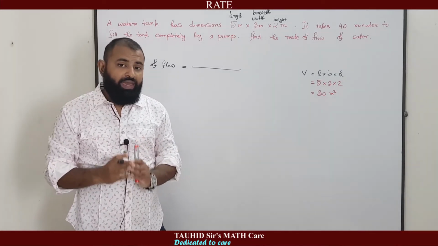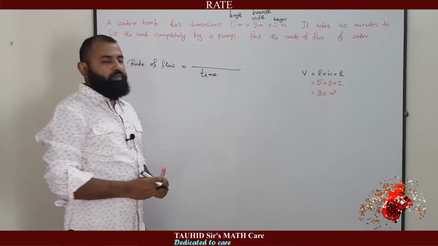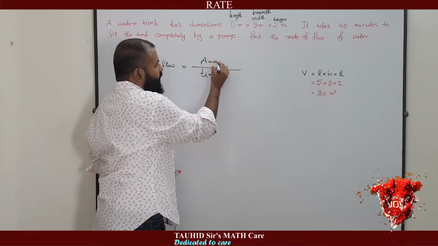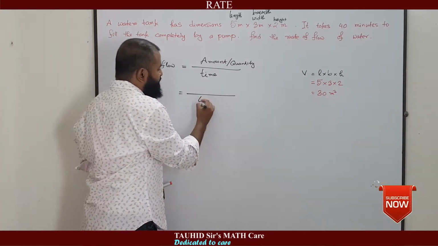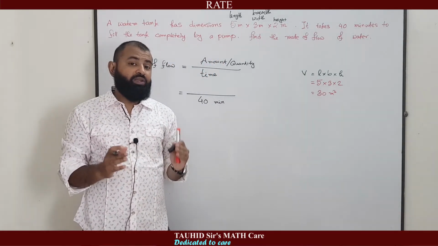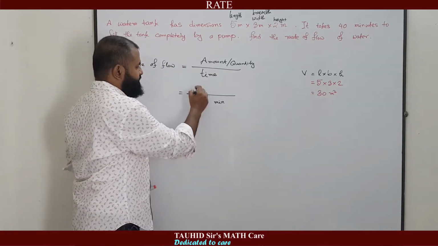In case of any rate, in the denominator we will place the time and in the numerator we will place the amount or quantity. How much time did we take? We took 40 minutes. And what amount or quantity of water flowed? 30 meter cube.